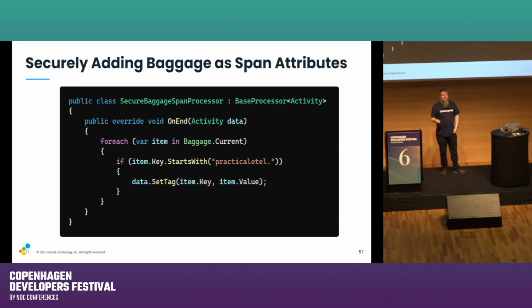Because that baggage could be coming in from a third party to you. And if you blindly accept all of that data and somebody sent you over a card number, a social security number, you've just added that to your backend into all of your observability. So think about what you're adding.